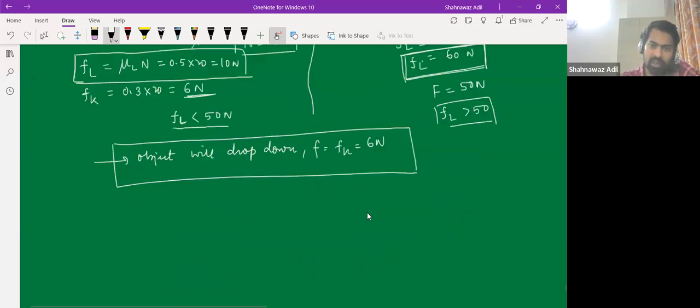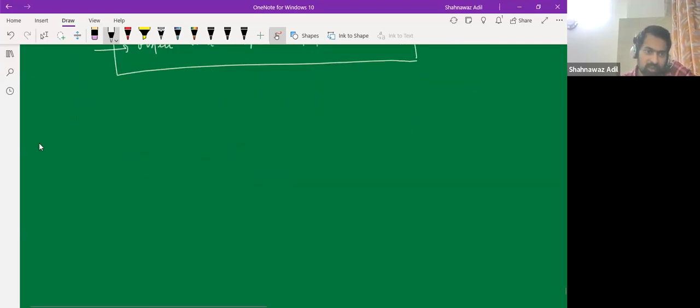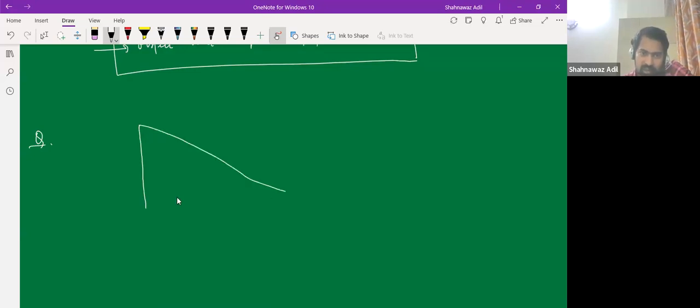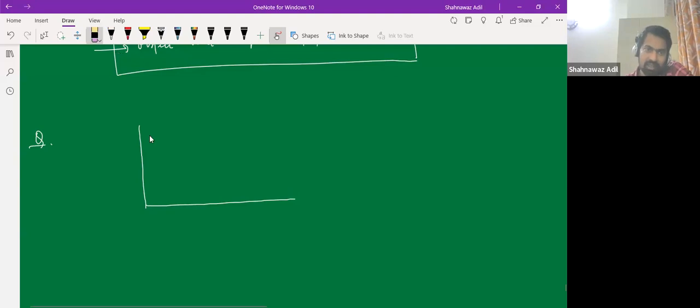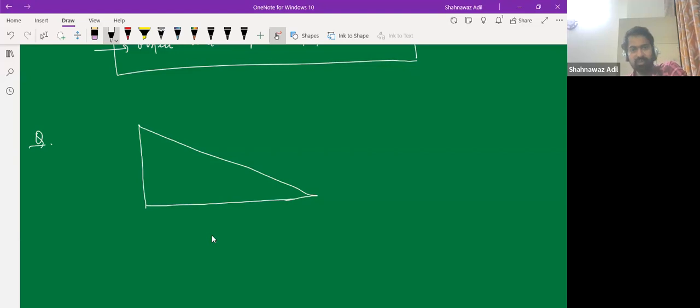So now let us do one more question, which everybody knows, right? As Elham was asking in yesterday's class, what happens when we have friction on this surface?